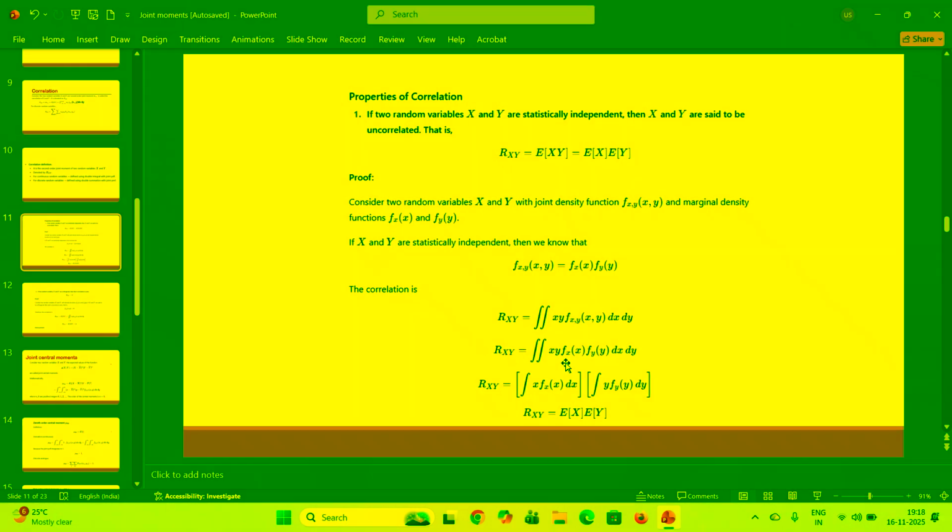We split f of x comma y into fx of x times fy of y. Then Rxy equals the double integral of xy fx of x fy of y dx dy. We split the integral like this.